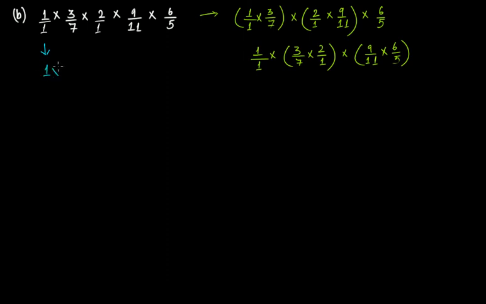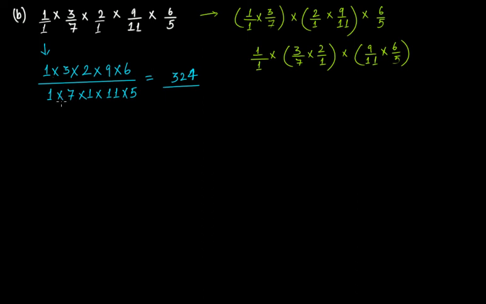So 1 times 3 times 2 times 9 times 6, over 1 times 7 times 1 times 11 times 5. 3 times 1 is 3 times 2 is 6 times 9 is 54. 54 times 6 is 324.